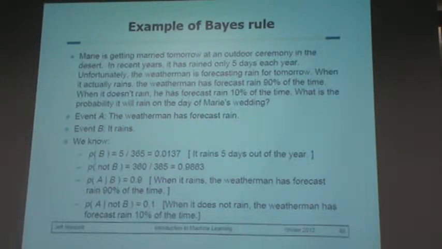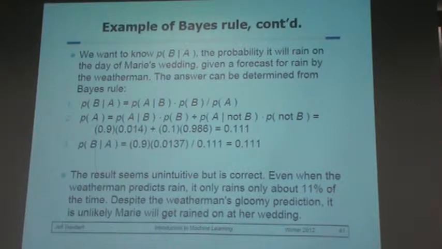That is this, and that is P(A). So we can calculate, given A, that one. So that is 11.1%.